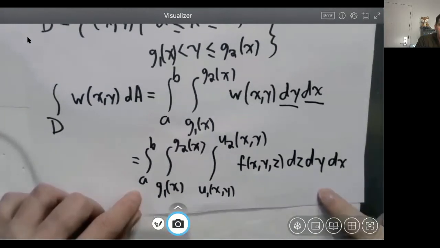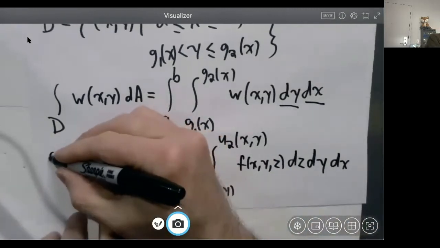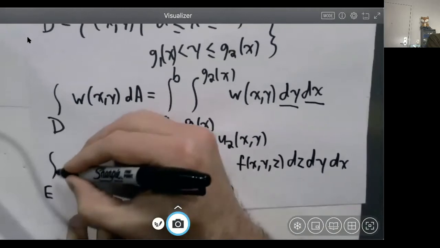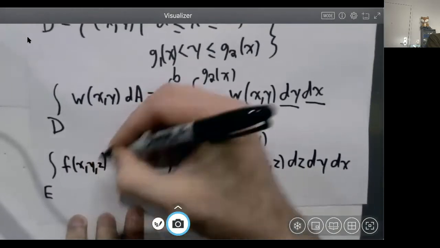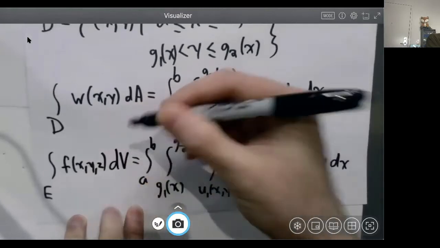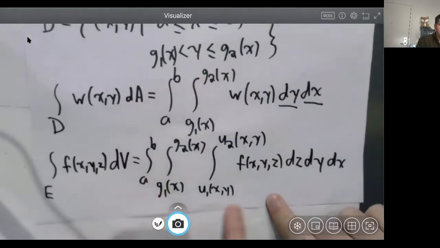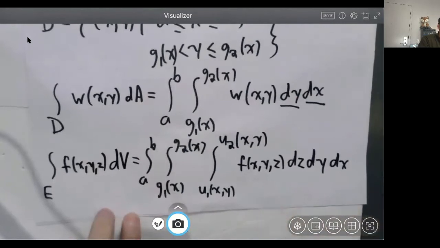So here we have arrived at our formula for integrating a function f of three variables over a type 1 solid E. The integral over E of f of x, y, z dv is equal to this iterated integral.